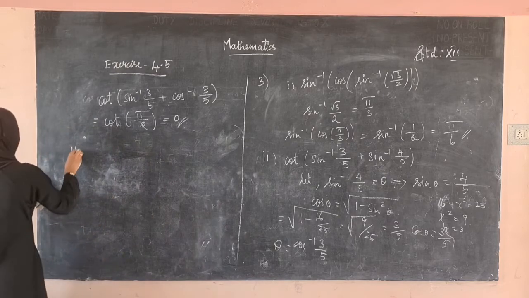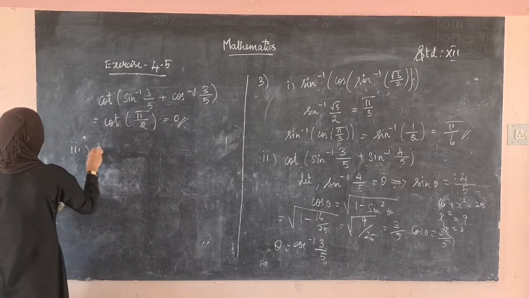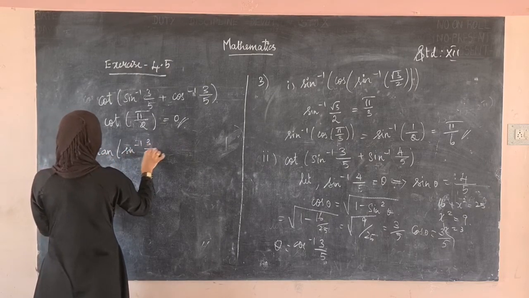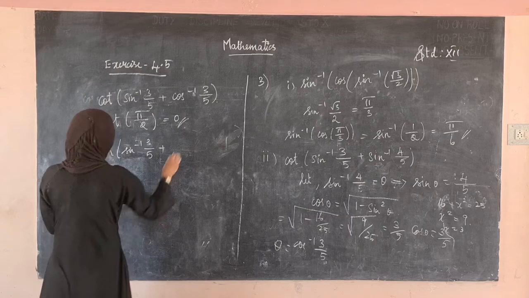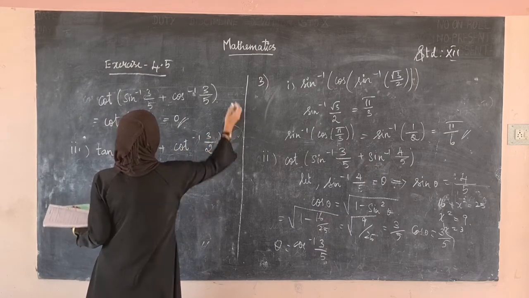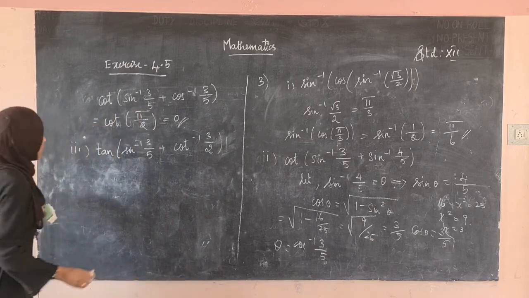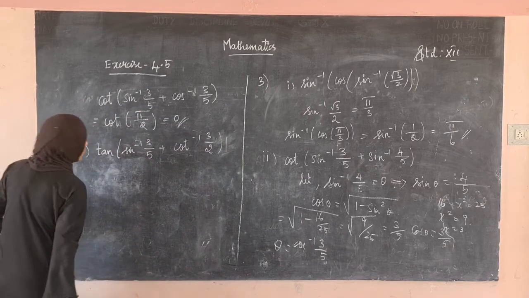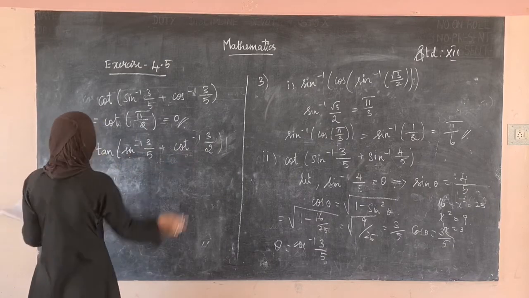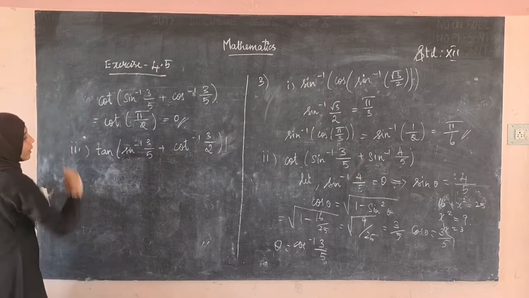Next, the third subdivision: tan of sin inverse of 3 divided by 5 plus cot inverse of 3 divided by 2. See here, this is in the format of sin inverse, this is in the format of cot inverse, and outside we have tan.